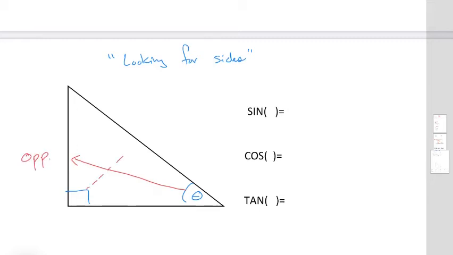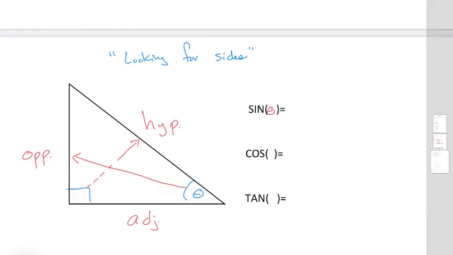Across from your 90 is always going to be your hypotenuse, and next to your angle of reference is what we call the adjacent side. And so if I want to define sine theta here, sine is going to be opposite over hypotenuse.